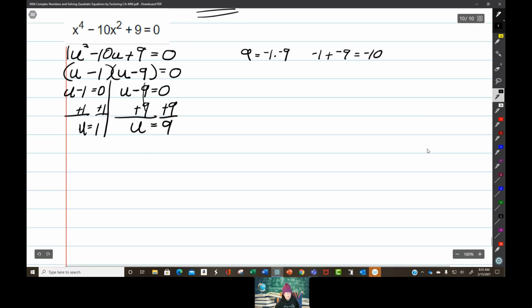So I am going to have x squared equals 1. Let's continue on down. And x squared equals 9. Now I can pull this over and factor by the difference of two squares, or I can use the square root method.